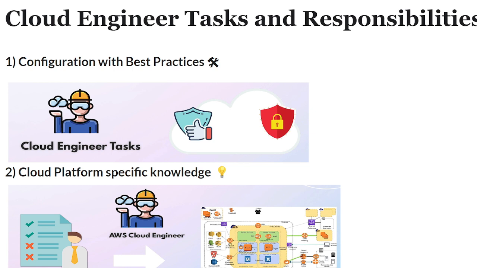That's why we usually say AWS cloud engineer, Azure cloud engineer, Google Cloud engineer, because each separate platform has a separate engineer specialized in that very platform. Engineers are recruited if they are specialized in that platform only.